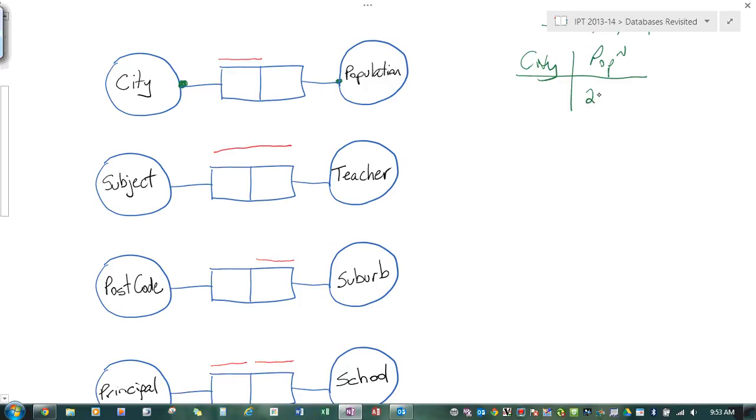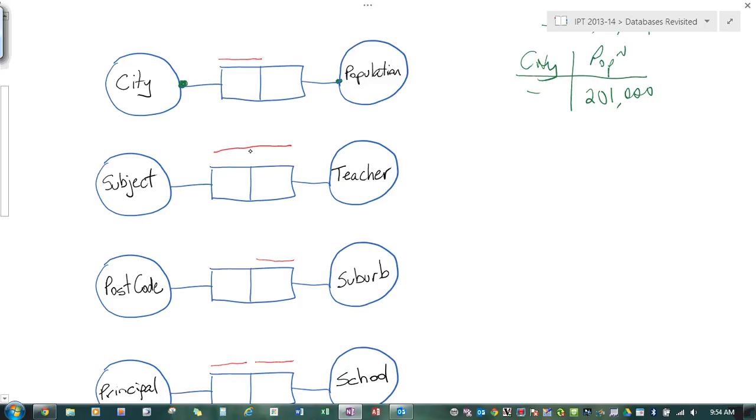You wouldn't put 201,000 people in your database and leave that bit blank. That wouldn't make sense. If you set these up properly, if it's a mandatory thing, it will say you must put something in here.